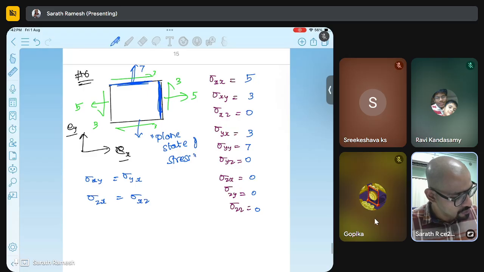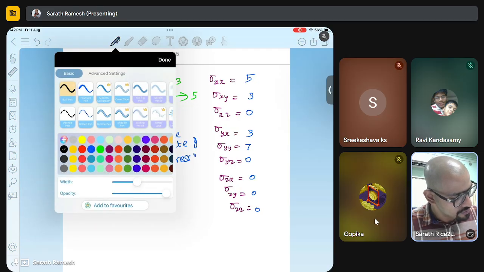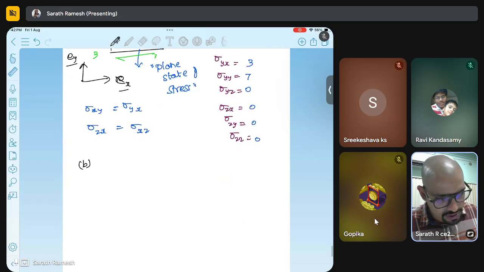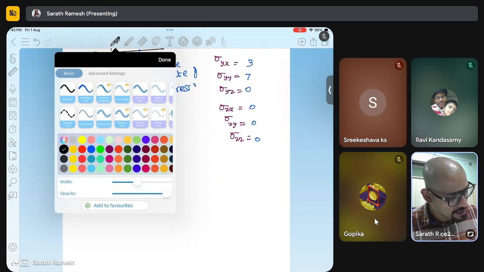Suppose in the question, this is subdivision A. Let's say subdivision B. They are giving something like this, same, but I am going to change the direction of the signs.